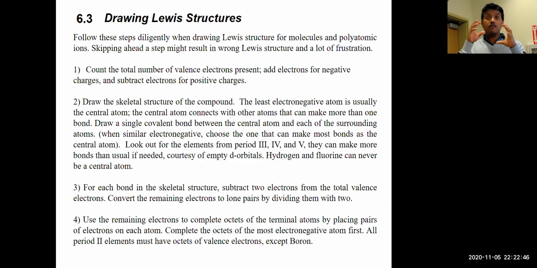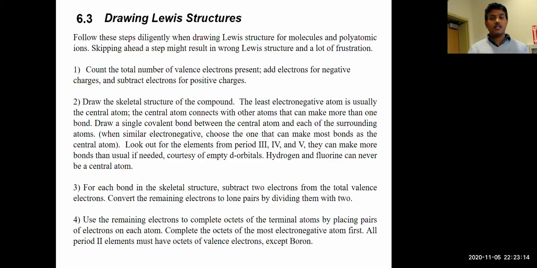I cannot stress enough the importance of following the rules when you try to draw Lewis structures. Everyone, no matter how genius you are, has to start from scratch. After a few days, or maybe after this term, you don't have to reuse this. You go with your intuition and flow. But if you're just being exposed to it, you must follow the rules.